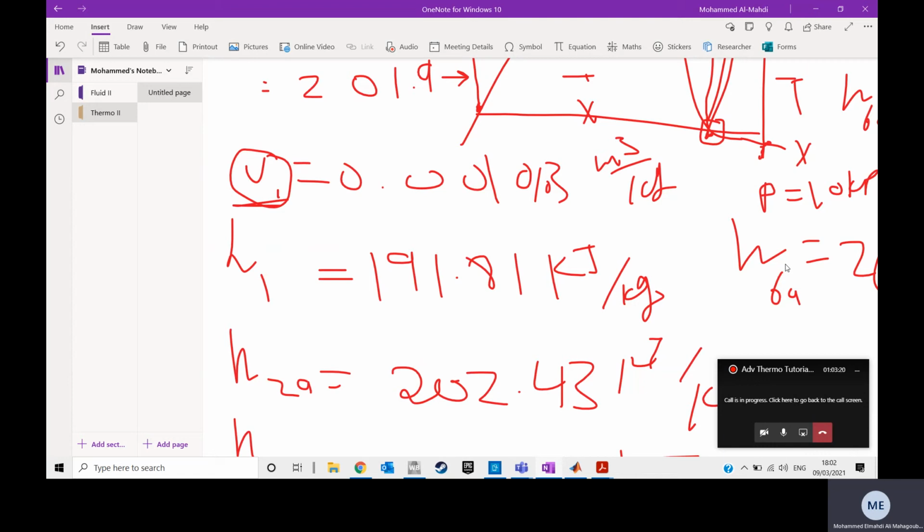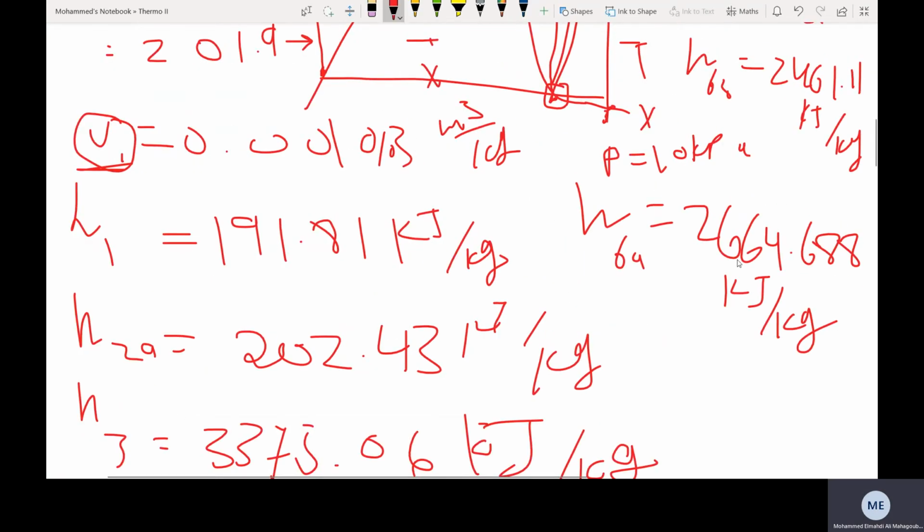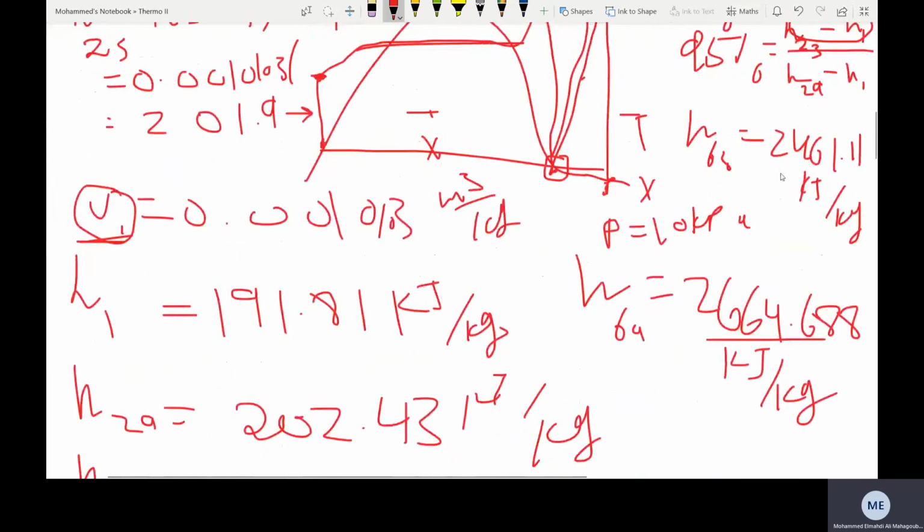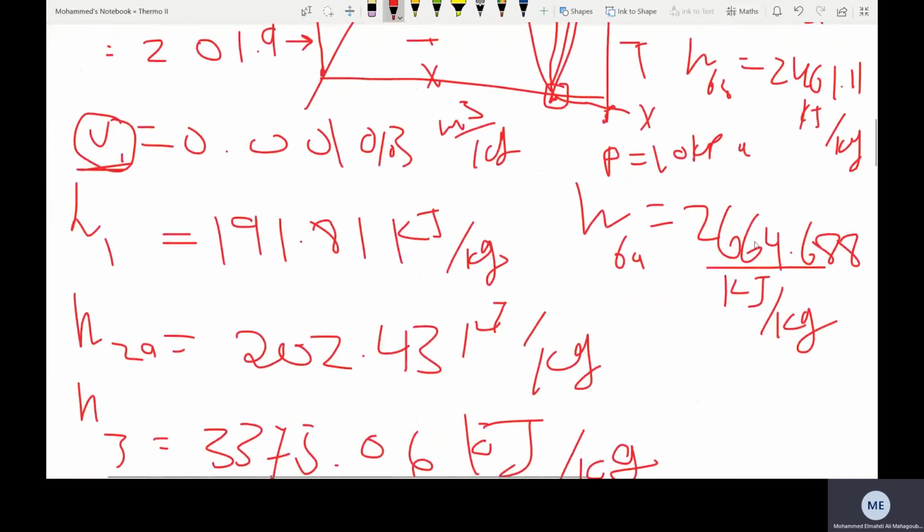I need to see H. Clearly H is higher. It's between HG and HF? No. HG here, as I can see, is 2580. So actually no, it is not between. It is outside. The isentropic point was in between, but this one is outside.